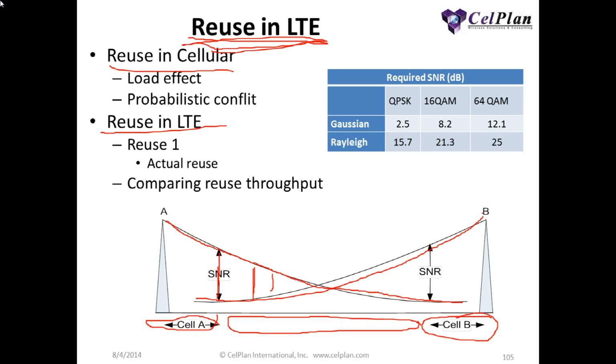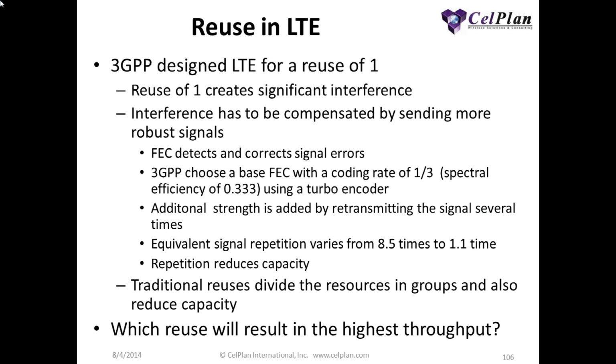And 3GPP said, well, let's use reuse of 1. Well, reuse of 1 is counterintuitive, but you will see that we did some analysis here to show it. Basically what happens is that reuse of 1 will also provide a lot of interference, but this interference can be overcome by increasing the strength of the signal through repetition.